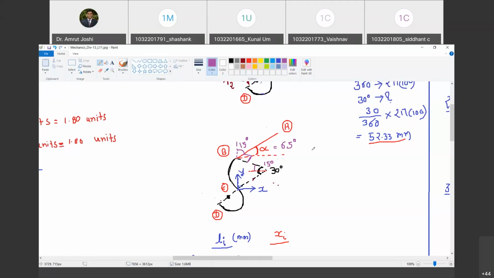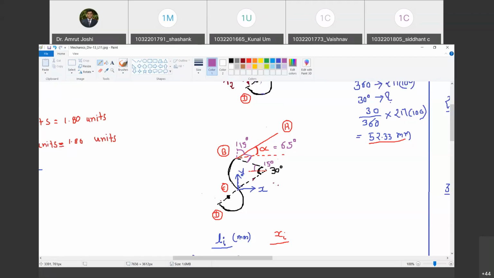Now tell me what is length BA? It's 300, given. So what we have to locate now is the centroid of this length BA with reference to point C. Is C just below point B?